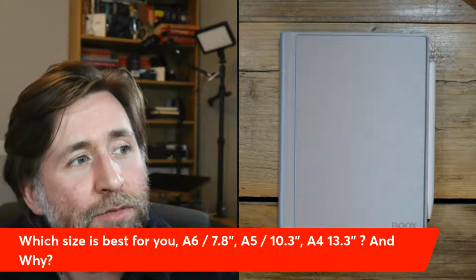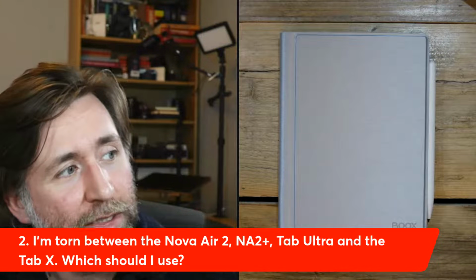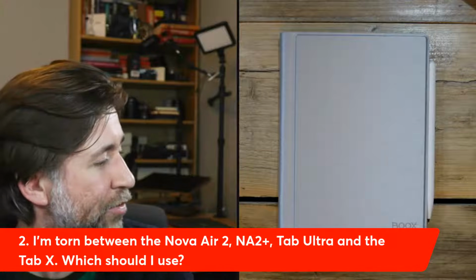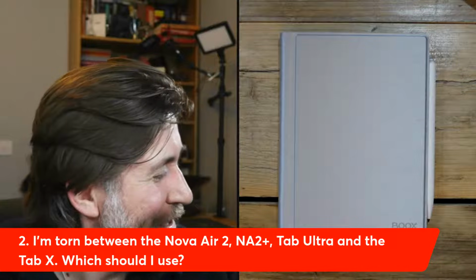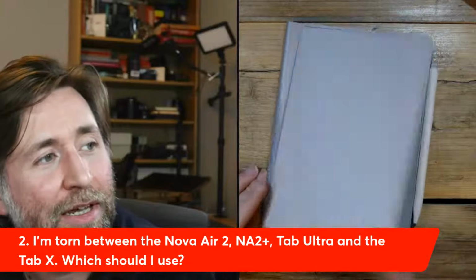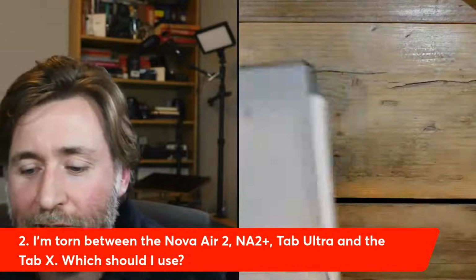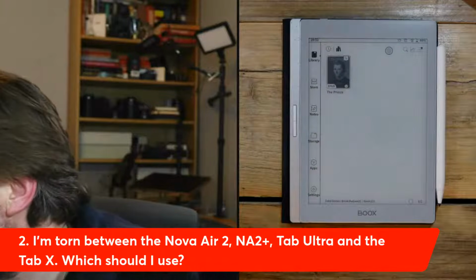Okay, so the reason why I asked you that question and let me know is because the next part is this part. I'm torn, but this might be the question you're asking. I'm torn between the Nova Air 2. This is the Nova Air, and the Nova Air 2 is an iterative kind of update to this one. I'm talking between the Nova Air 2, the Note Air 2 Plus.